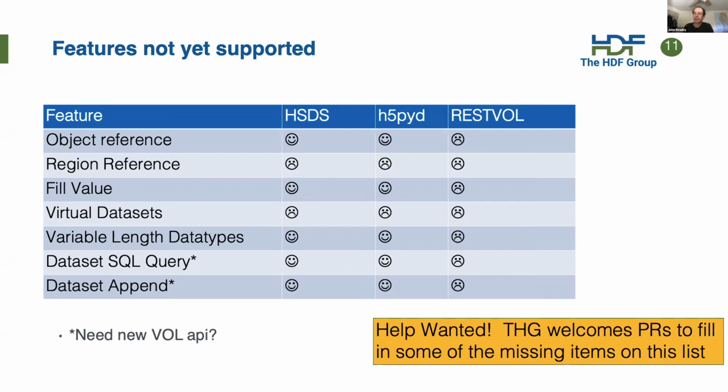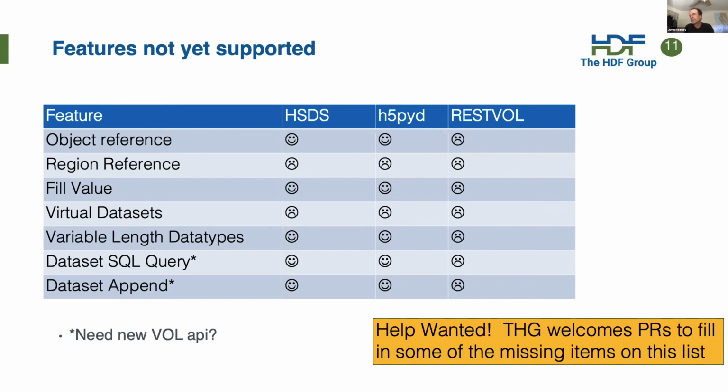Region references, for example, would need some additional work on the server side in addition to work on the client side. Fill values are supported in HSDS and H5PD, but not in the RESTful VOL. Virtual datasets are quite complex to do, and we haven't done that work yet on the server side. Variable length data types are supported in HSDS and H5PD, but again, not in the RESTful VOL.